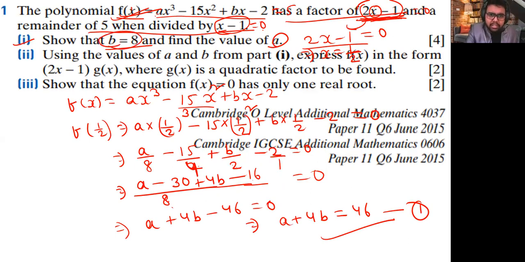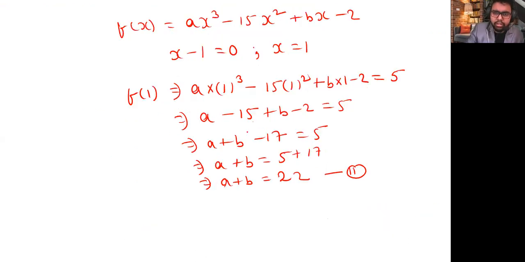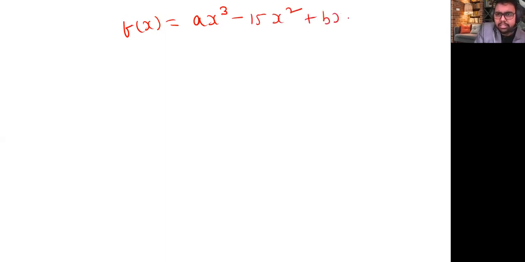Now here in my function, a and b were hidden, but right now I know the values. So right now, can I rewrite this function? How would I be rewriting this function? Try to understand. What was my function f(x)? Initially, it was ax cube minus 15x square, then plus bx minus 2.